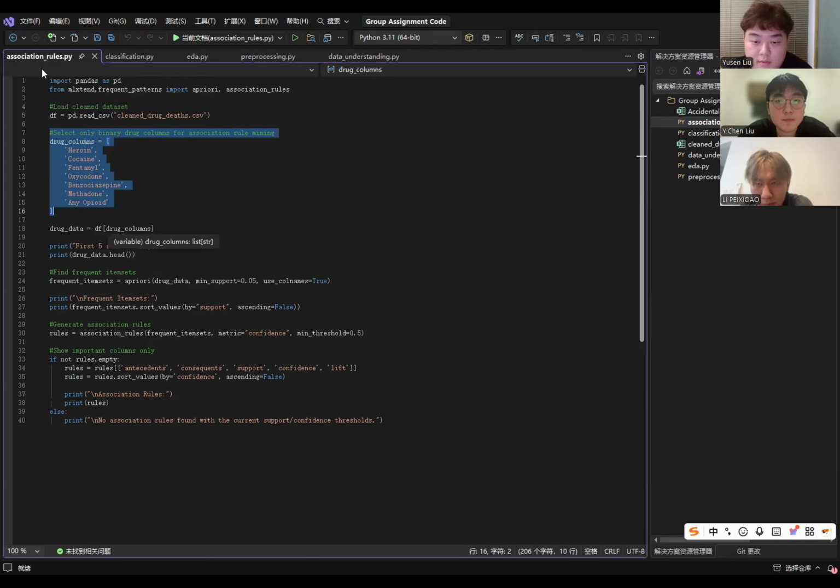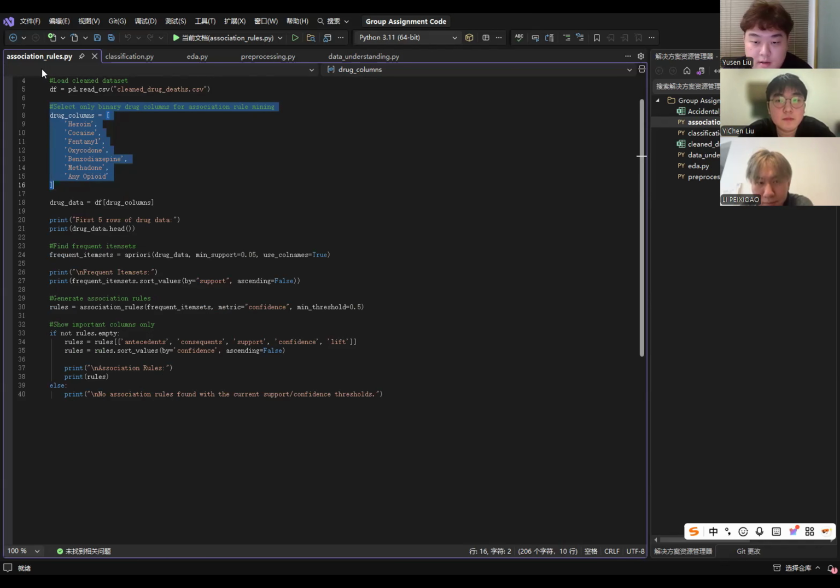We set a minimum support so that we only keep the combinations that appear often. This helps us remove the weak and rare patterns.